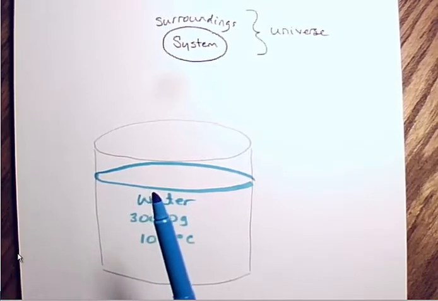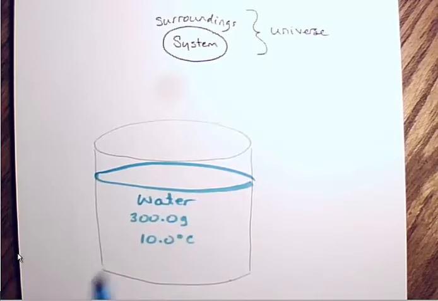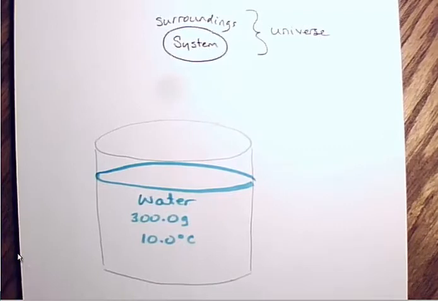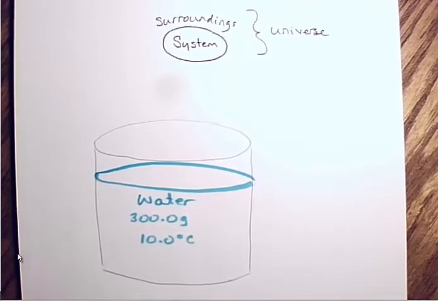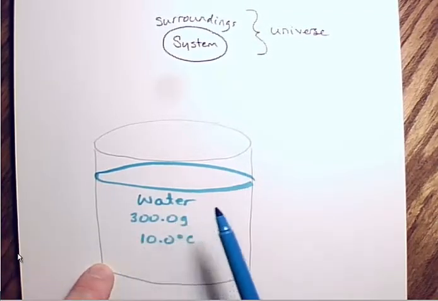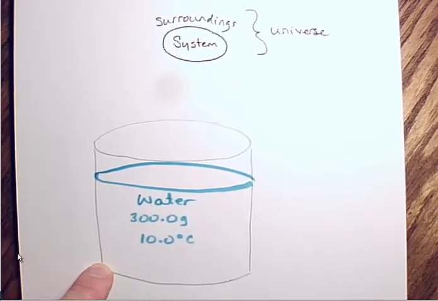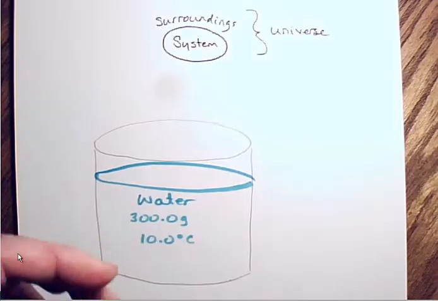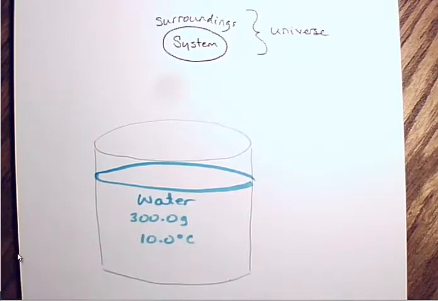We're going to assume that for our exploration here, but if we were actually doing this and doing a really good job with the calculations, we would calibrate this container for the heat energy that's lost or gained to the surroundings. So we determine how much heat energy is lost or gained and include that in our calculations for heat exchange in this system. But this is our mini-universe. Or it's actually going to become our mini-surroundings in a minute. I'll show you what I mean by that.